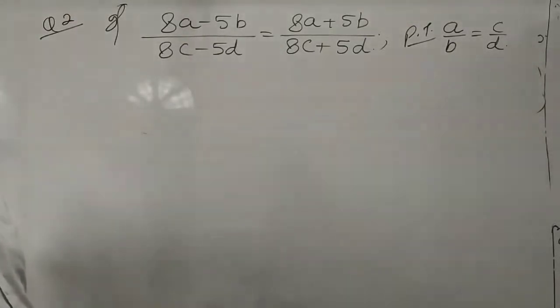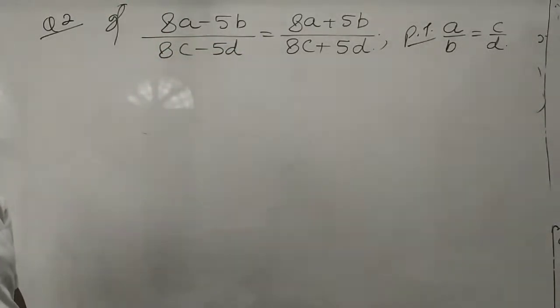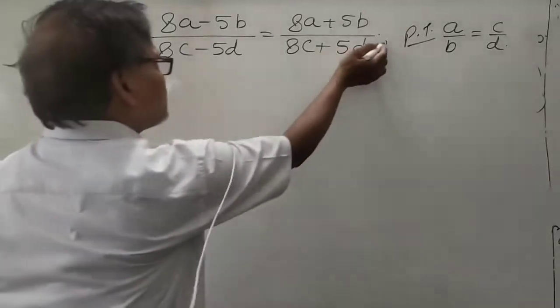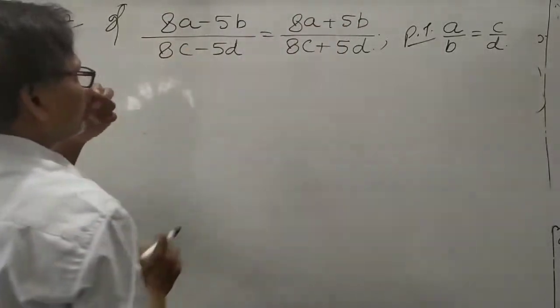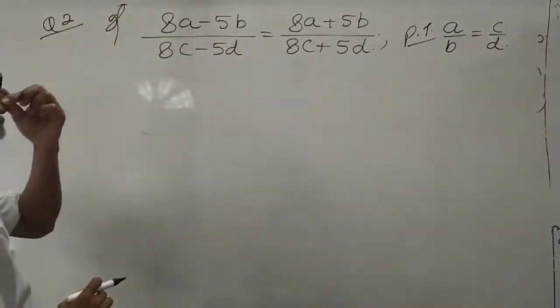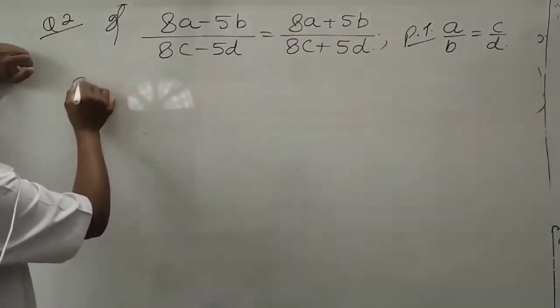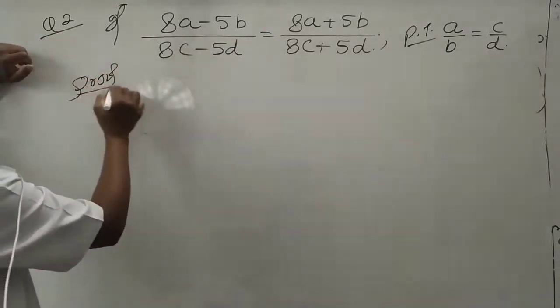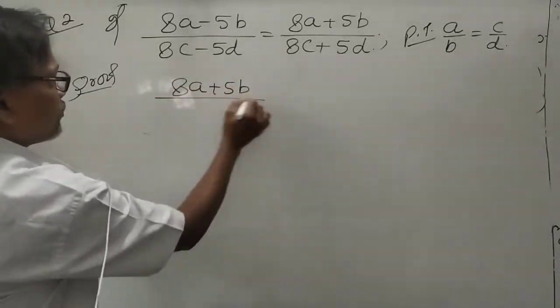Now this is given like this. If you write this one as here and this one as there, it can be written. Otherwise proof: 8a plus 5b upon.